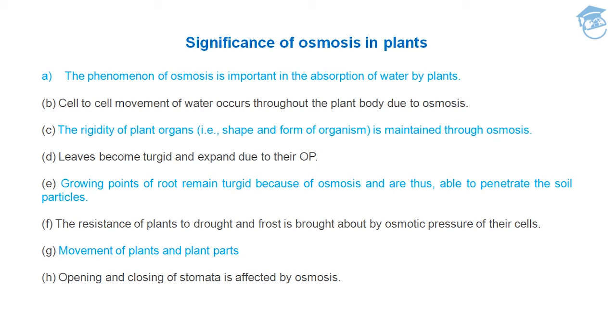Growing points of roots remain turgid due to osmosis and are thus able to penetrate soil particles. Resistance of plants to drought and frost is brought about by osmotic pressure of their cells. Movement of plants and plant parts is also because of osmosis. And one foremost and crucial importance of osmosis is opening and closing of stomata, which is affected by osmosis.